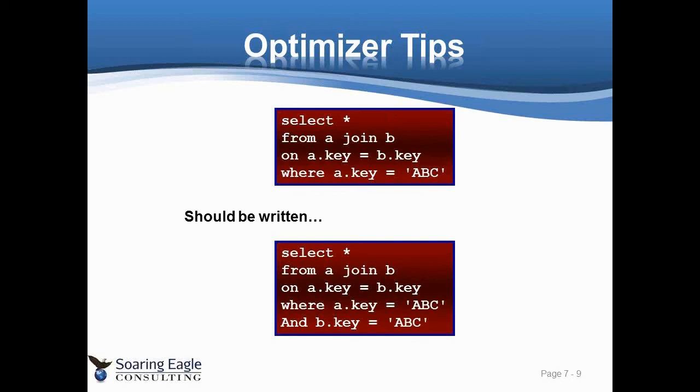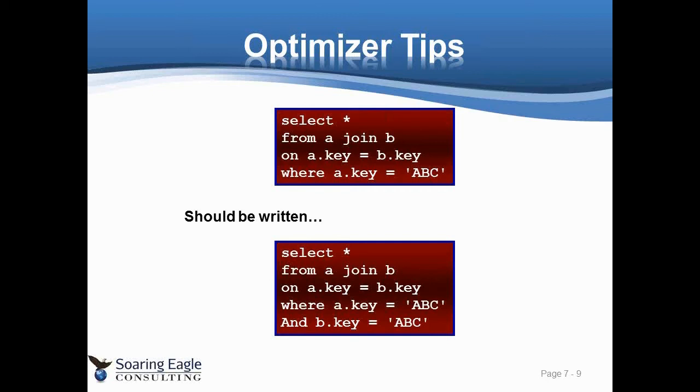However, this one is still true, and it's interesting in that thinking through this also helps us identify how the optimizer is going to work. So here we're joining from table A to table B. If we write that as we have on the top, from A join B on A.key is equal to B.key, that is a pretty standard join.